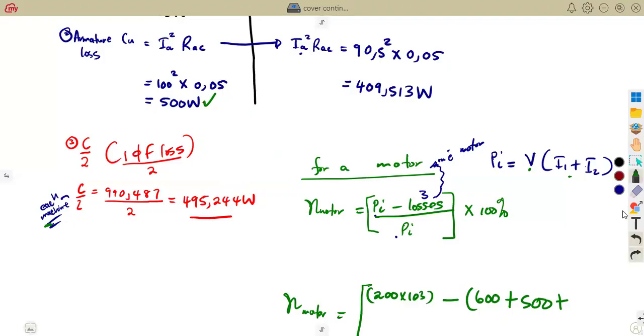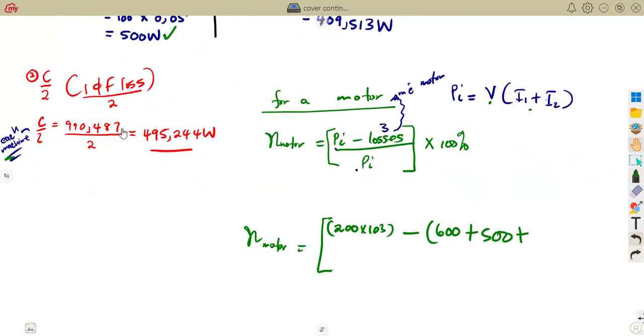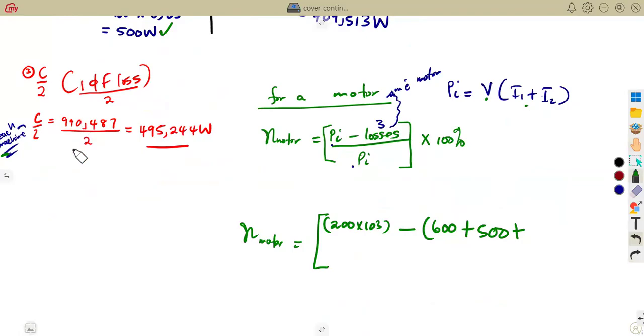It is equally shared, so we're going to use that one as it is. That is why you have to divide by 2. We calculated the total first, then divided it by 2. So this is the one that you're going to take, 495,244. So this is our iron, friction, and windage losses over 2, for each machine.